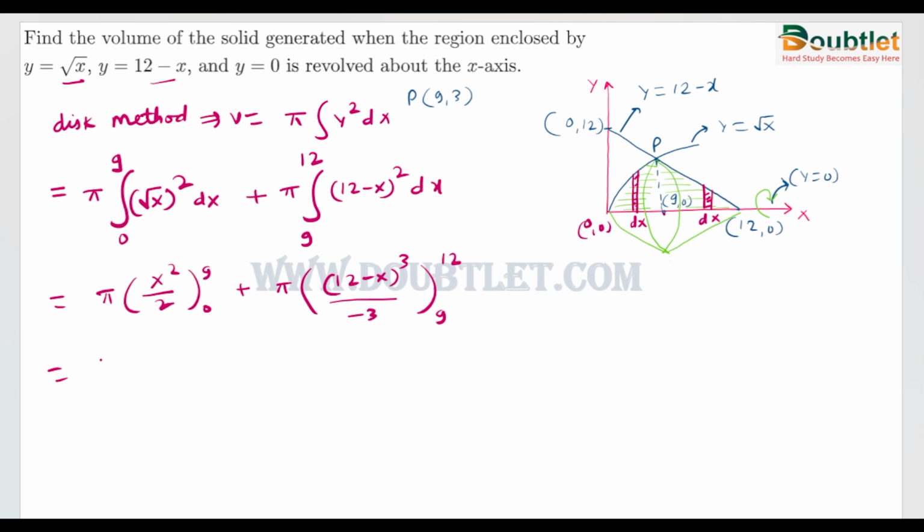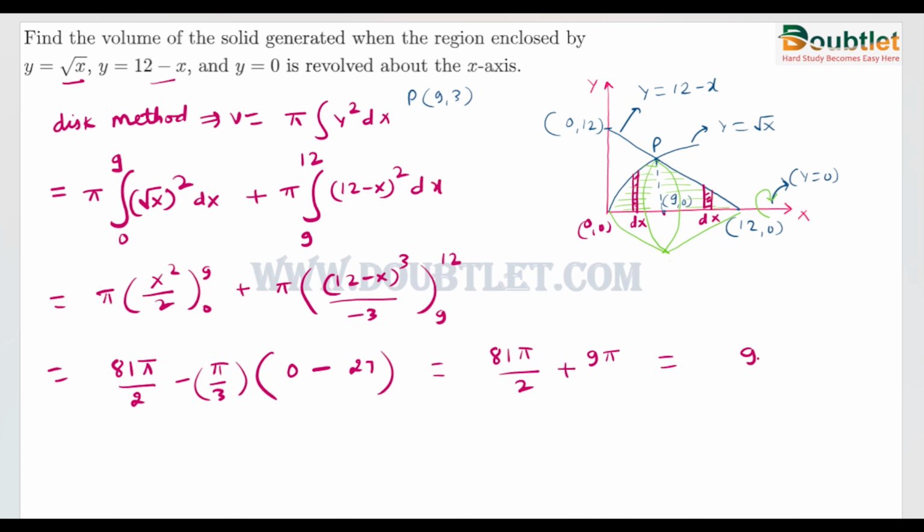If we put the limits, the first becomes 81π/2. The second becomes −π/3 times, putting x = 12 as the upper limit, it becomes 0, and putting x = 9, it becomes 27. So it becomes 81π/2 plus 9π, which is 99π/2.